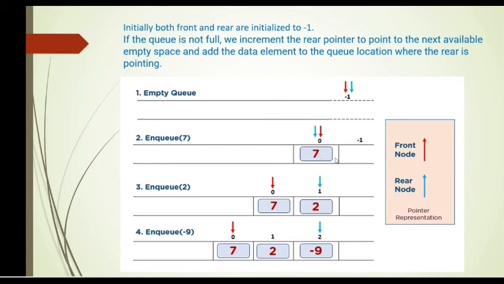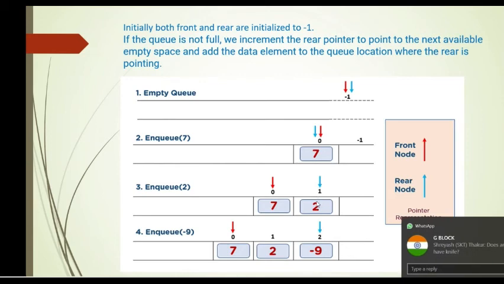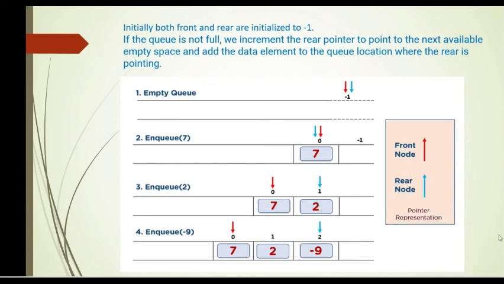So now it becomes 0. Initially it was -1. Now if we enter another element, the rear will again be incremented and will be set as 1. Similarly for -9 and so on. Every time you enter an element, the rear would be incremented.